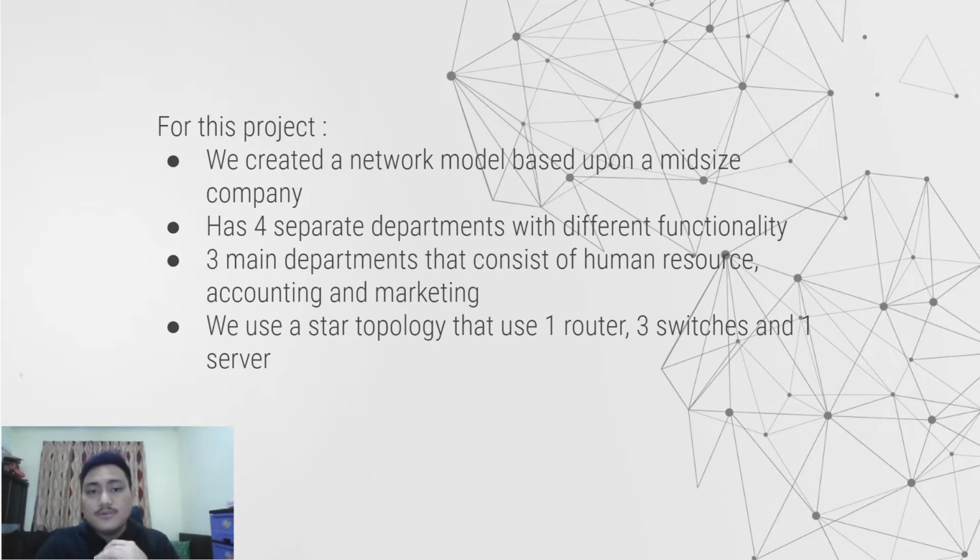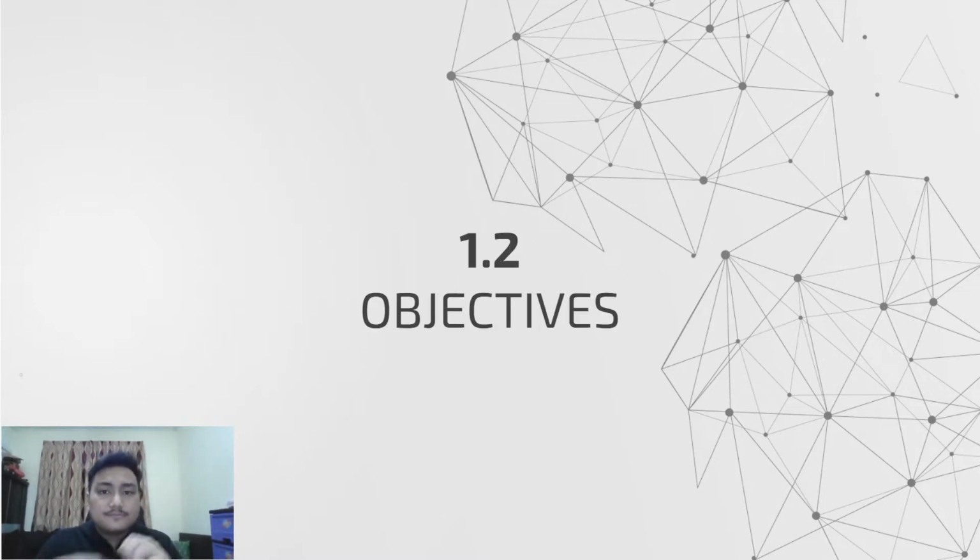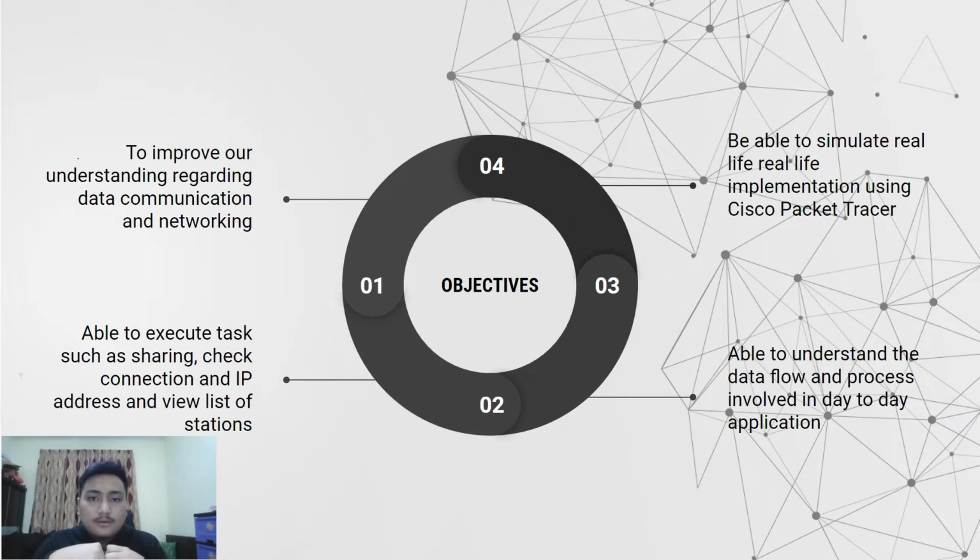Next, I will explain our objectives. The first is to improve our understanding of data communication and networking. Next, we will be able to simulate a real-life implementation using Cisco Packet Tracer.